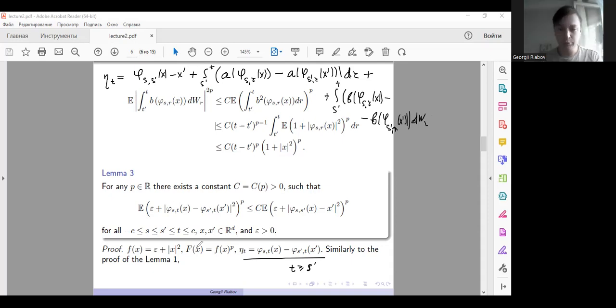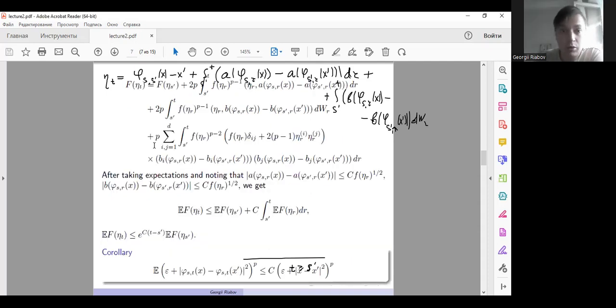We already saw how to compute the derivatives of f. So we will get the following equality.